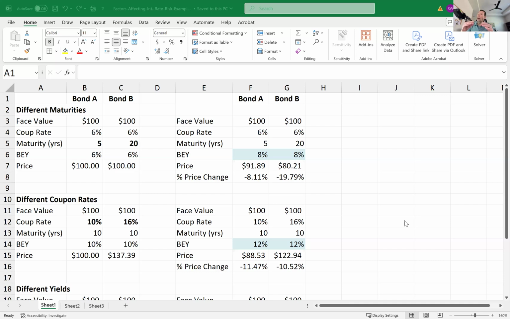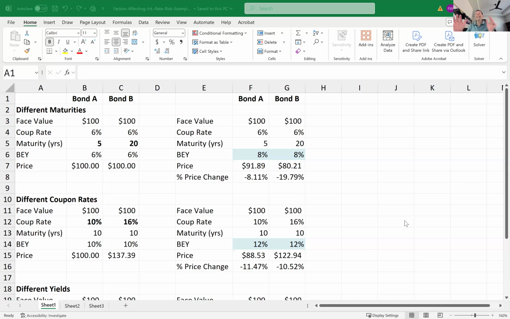But there are some bonds for which the prices go up and down just a little bit, and some for which the prices go up and down a lot. What is it about a bond that causes it to have more interest rate risk, which means its price goes way up and down when there are changes in interest rates, versus less interest rate risk, where the price only goes up and down a little bit?